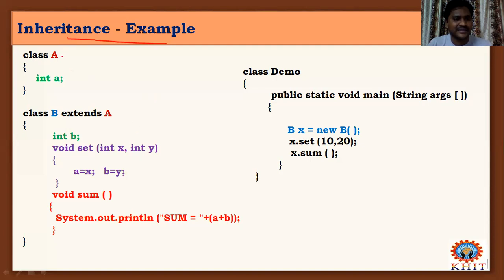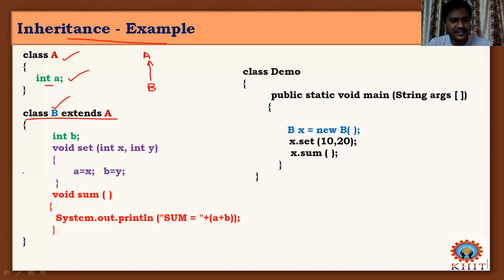I have an existing class A, and I have one instance variable A. And I'm going to create a new class called B, which extends the properties of existing class A. By declaring the class like this, using this syntax, A is a superclass and B is a subclass, and B is inheriting the properties of A. So this is simple inheritance, or we may call it single inheritance. And here the properties of A can be extended to B.